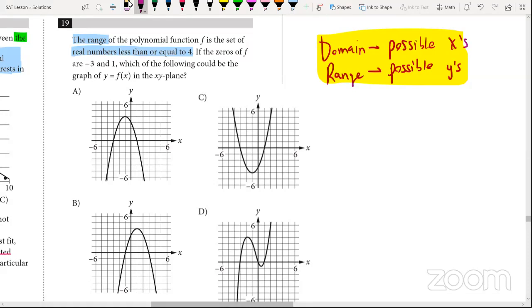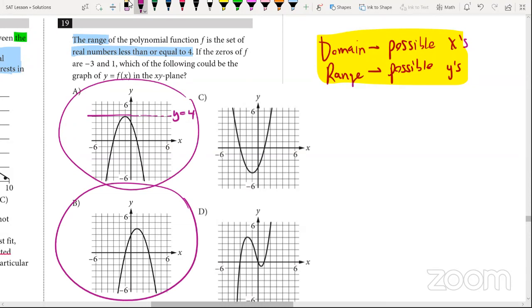So you can go to the line of y, because range is the y value. y equals 4 is right here. And the graph should only exist below that line. That's going to be true for answer choices A and B only. C goes above 4, and D has a range of all real numbers. It goes all the way up and all the way down.